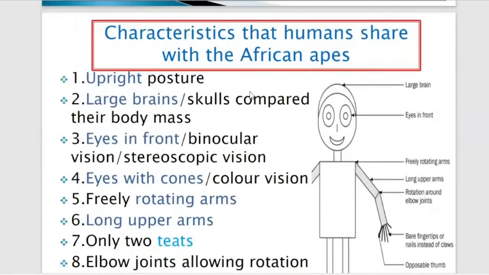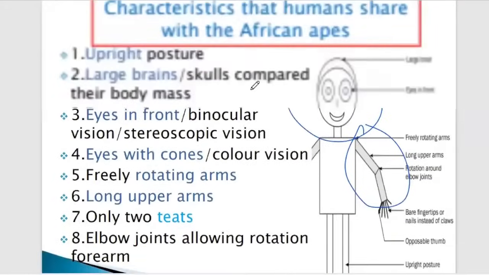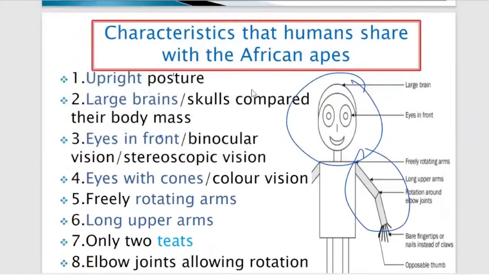At least, guys, you know these characteristics, but don't forget that sometimes we concentrate only on the head, or only the forelimb. You have to know them all, because these are the things you have on your body. When they ask you about the hand, look at your hand and then describe it: the fingers, opposable thumb, nails instead of claws.